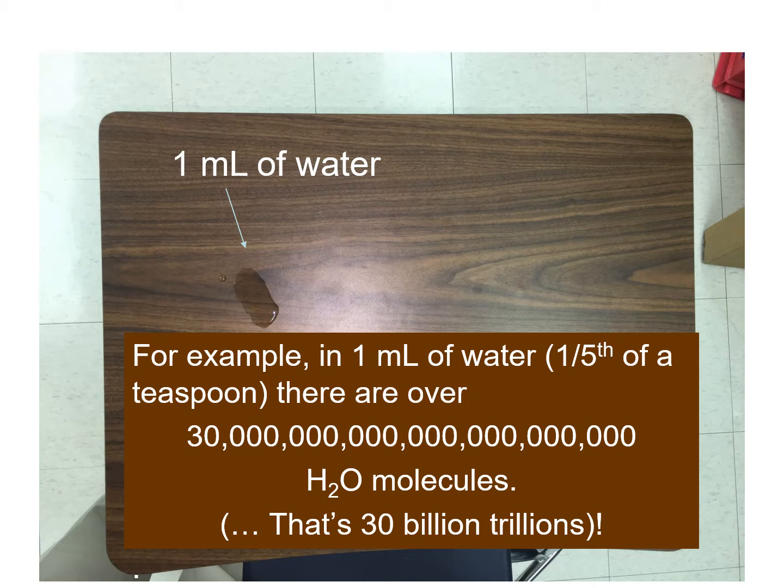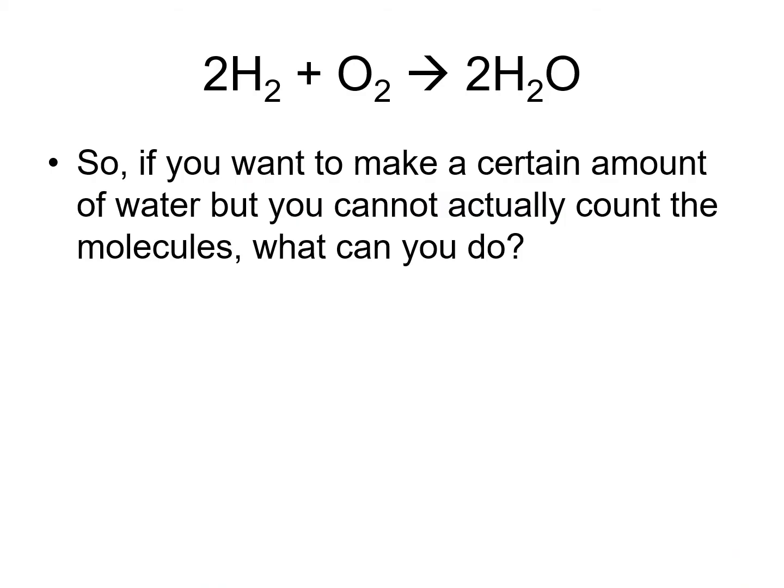And I calculated that if I counted to 1 trillion, and then I did that 30 billion more times, that's about how many water molecules are on that desk right now. Water molecules, all molecules, are incredibly small and incredibly numerous. So we need some way to cope with that. And that's where we're going to be bringing in the concept of the mole.